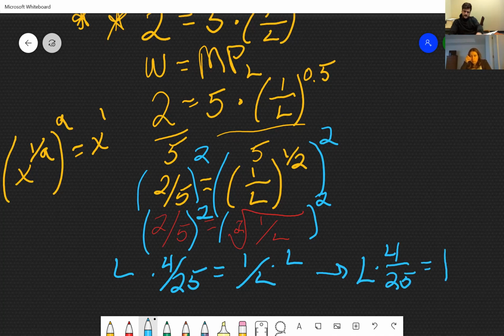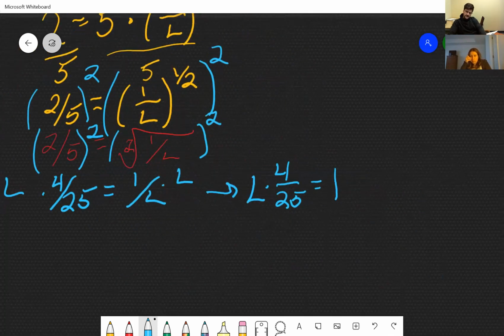And then how do we get rid of this fraction? Well, we can multiply by 25 over 4, because then the 25s cancel out, the 4s cancel out. So we end up with L is equal to 25 over 4, which is equal to 6.25 units.